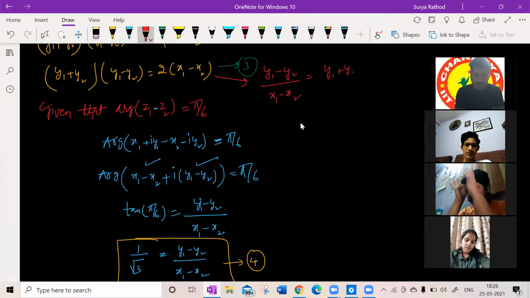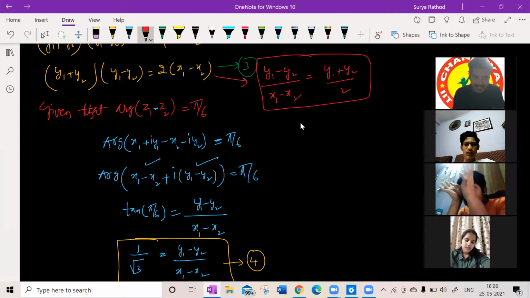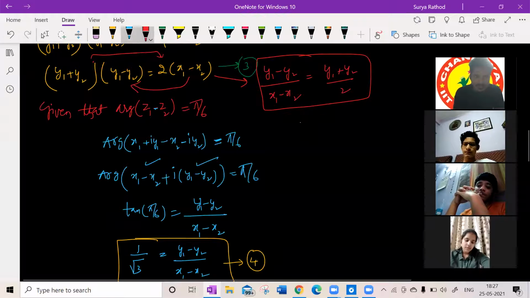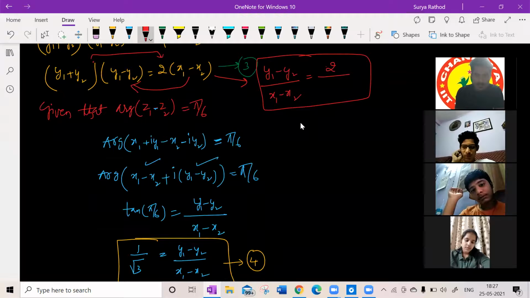Can I write like this? What I'm doing here is just shifting this to the denominator. Any doubt here?